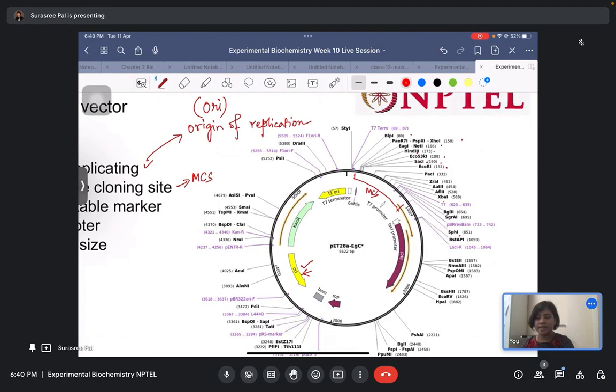So that when you digest the plasmid DNA with a particular restriction enzyme, it only cuts at one unique site and not elsewhere in the plasmid. That has to be maintained so that your plasmid is not chopped at many places. Otherwise, your purpose will not be fulfilled. That is why this multiple cloning site, which contains these unique restriction sequences, is very important.